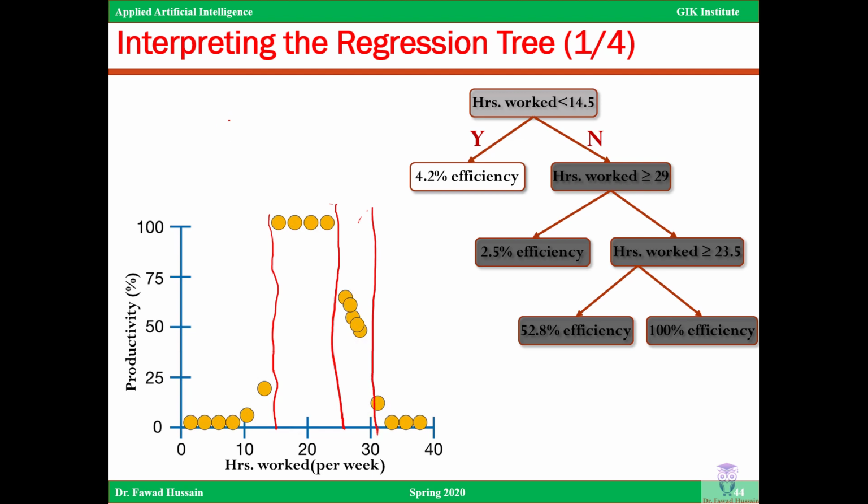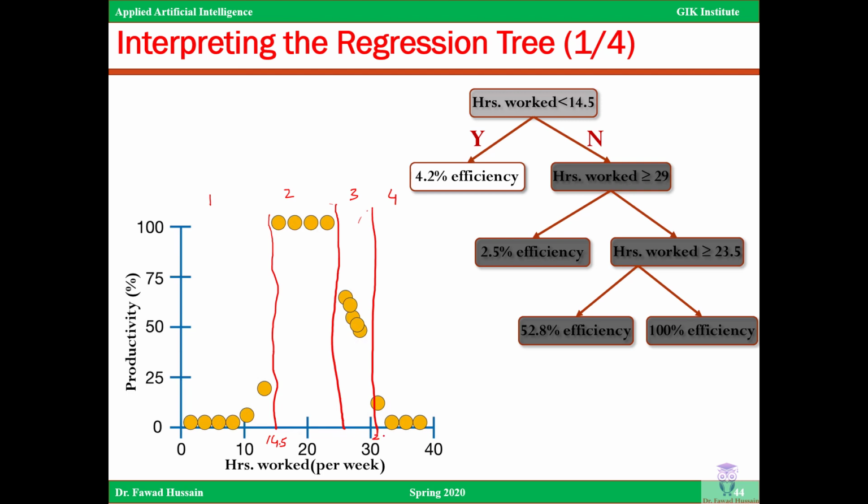So approximately we can see that we have 4 different divisions. This is the first division, this is the second, this is the third, and this is the fourth, or 4 different parts if you like. So what is this 4.2% efficiency referring to? Since hours worked is on our x-axis, if we say that the hours worked is less than 14.5, assuming this is 14.5, it should be over here.